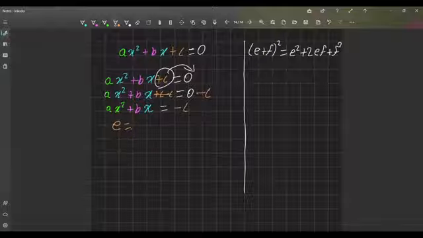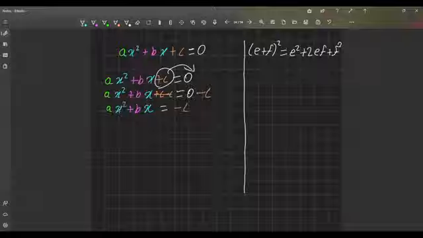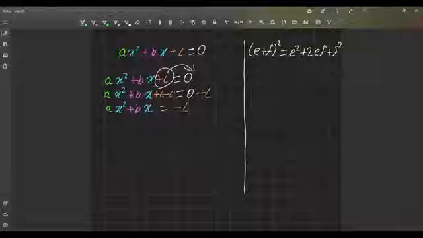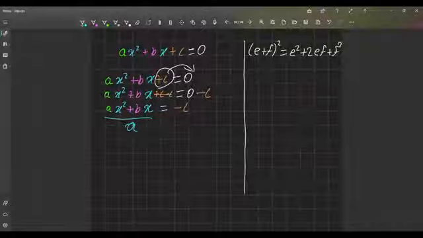To make it so, I'll have to eliminate this a somehow. Next, to take the a to the other side, I'll have to divide the whole equation by a on the left hand side and on the right hand side as well.